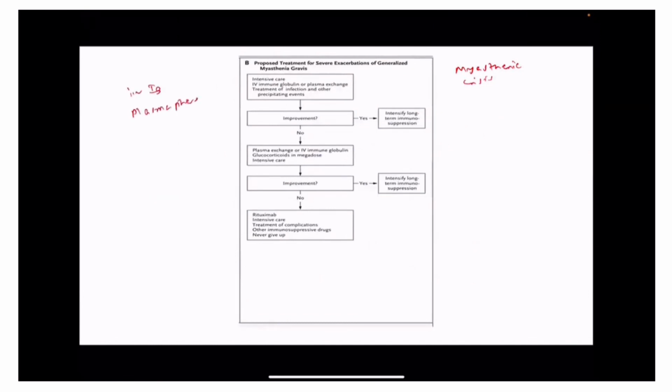You have to mark the answer only in myasthenia crisis, where we admit these patients in ICU, put them on ventilator, and give IVIG or plasma exchange. And if that does not help, we usually go for steroids as well. Remember one thing, once the patient is in crisis, we have to stop the other drugs. That is, acetylcholinesterase inhibitors we have to stop for these patients. Okay.